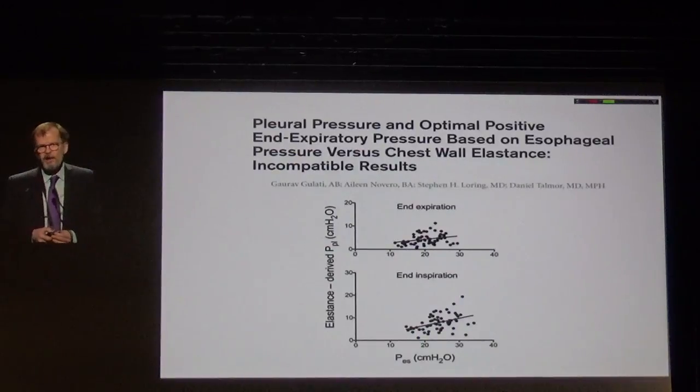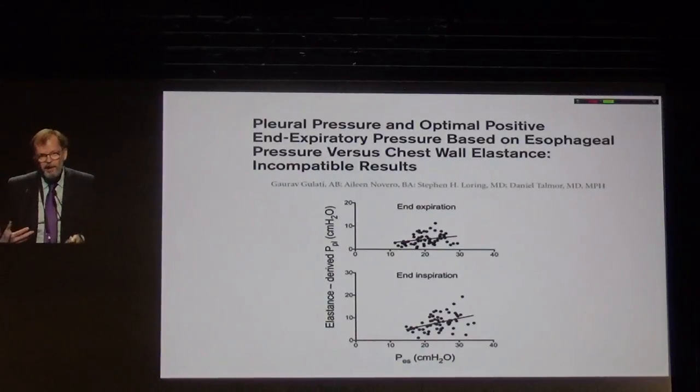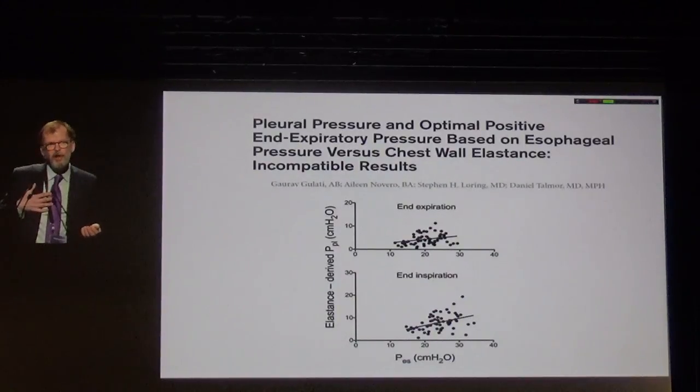The ratio, as told by Antonio, makes the assumption that the transpulmonary pressure is close to zero at end expiration, which is not true everywhere, but it's not so wrong if you think of the non-dependent region.